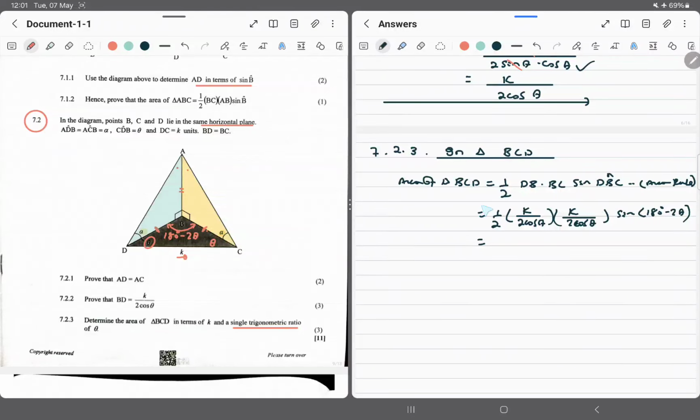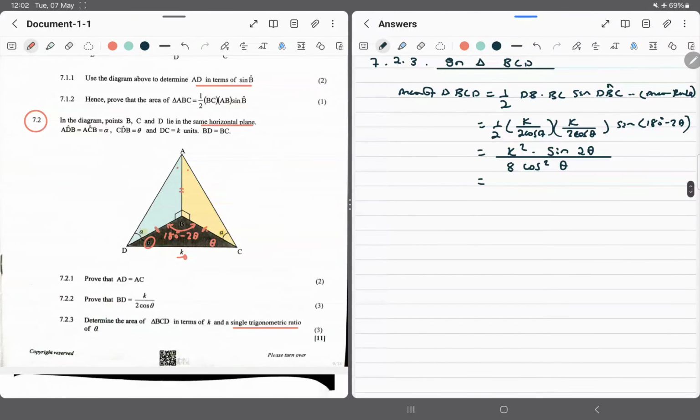Alright, so that means the numerators multiply. So this is going to be basically K squared times, we reduce that, it's going to be sine of 2 theta, all over, this one becomes 2 times 2, 4 times 2, it becomes 8 cos squared theta.